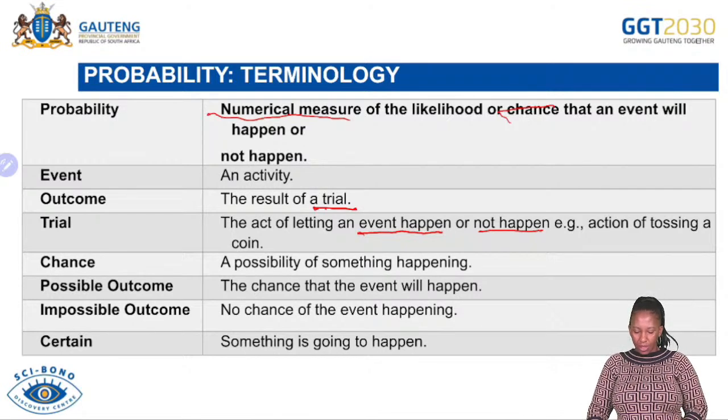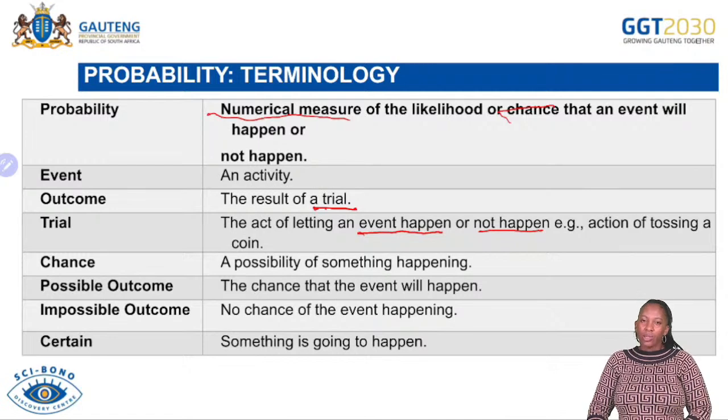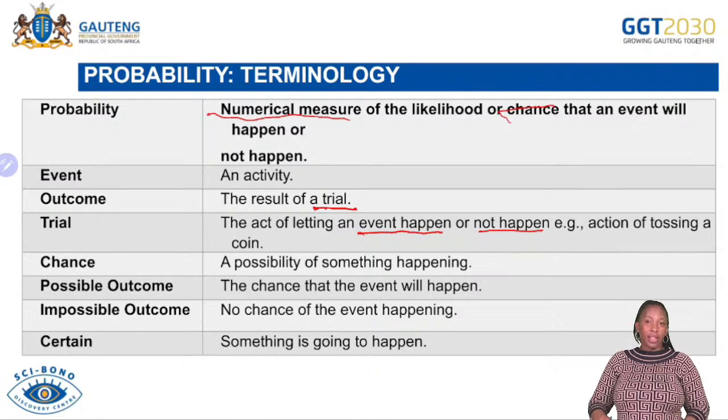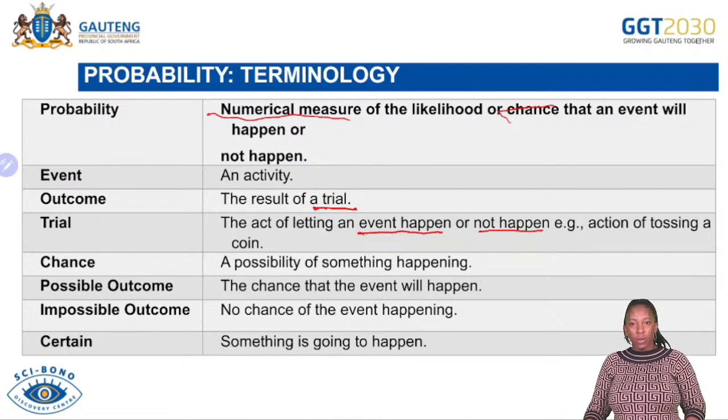Kaizer Chiefs can either win, lose, or draw. Same applies with Mamelodi Sundowns: they can win the game, or they can draw with Kaizer Chiefs, or they can lose the game. Those are the possible outcomes of an event.